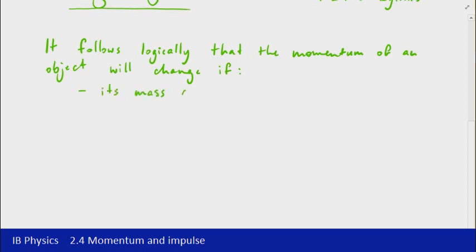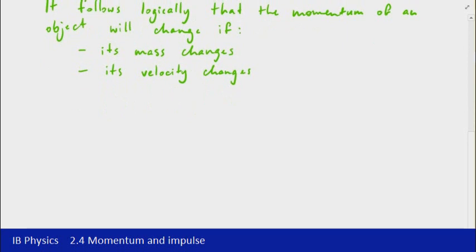As we said, if the mass is twice as big, then the momentum will be twice as great. Or if its velocity changes. It's a fairly obvious statement, but one that we need to look at in order to make a few links to other things as well.